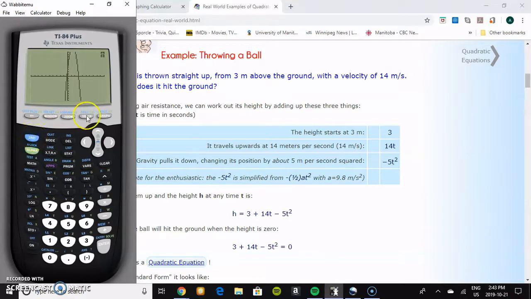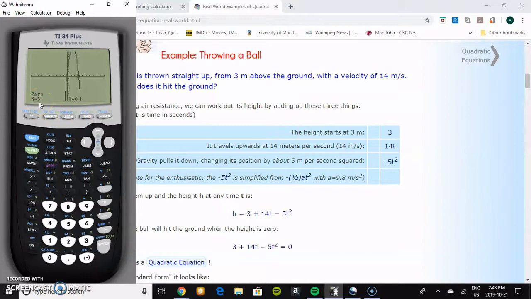So we'll go second, trace, number 2 for the 0. Left bound, we're already on the left, so I'm just going to hit enter. Right bound, we want it to be on the other side of that point. Enter, enter. And we see that it hits the ground after 3 seconds.